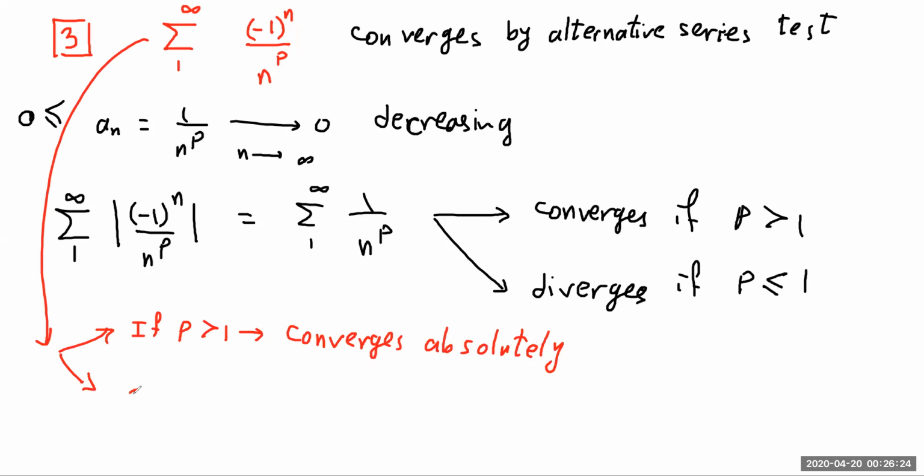But if b is less than or equal to 1, so the absolute series diverges, it converges conditionally.